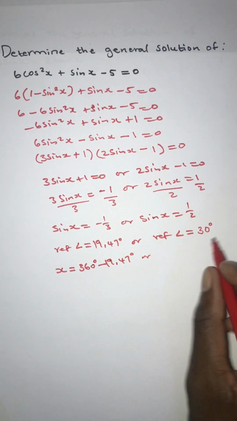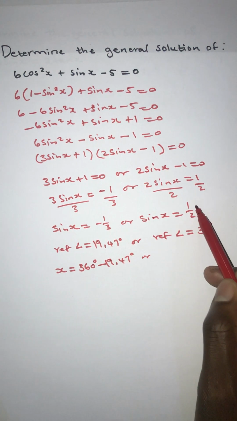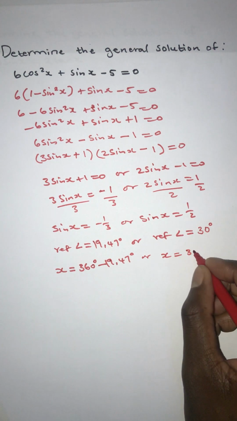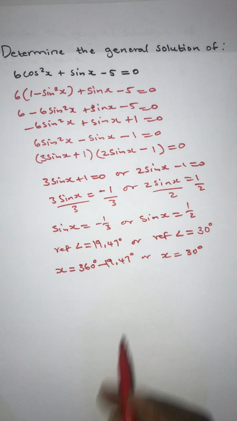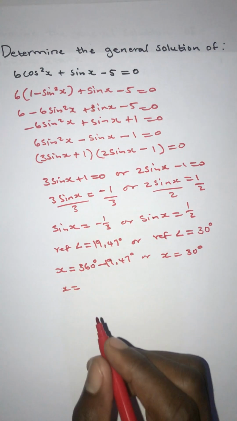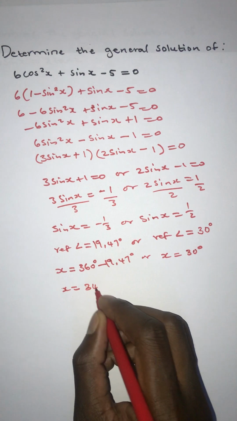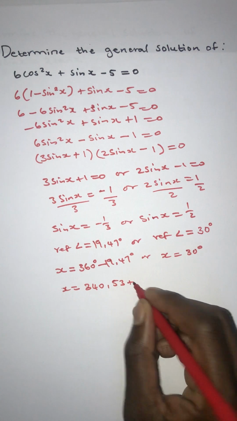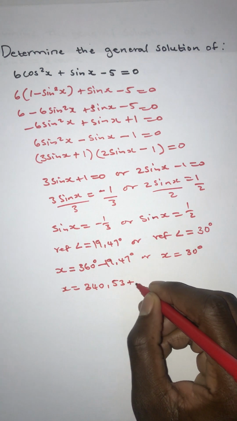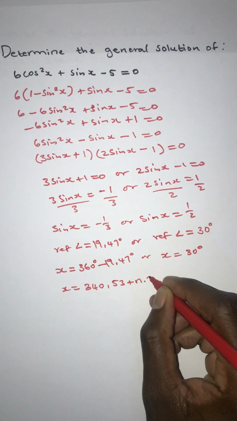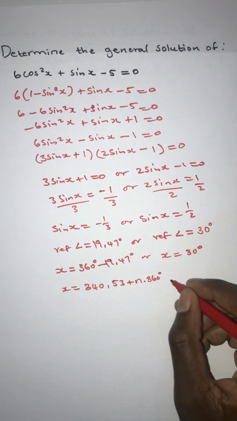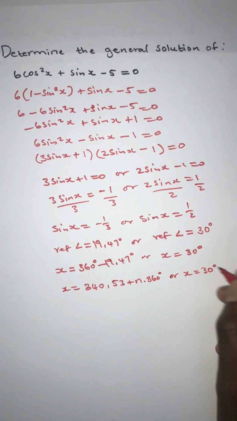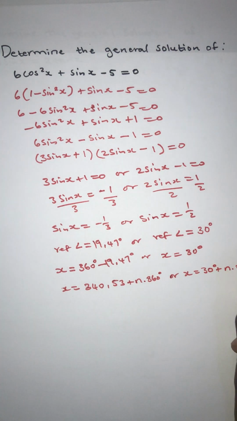Or for this one, sine is positive, so this one is quadrant number 1, and we can take it as just 30 degrees. So x is equal to 340.53 plus n times 360 degrees, or x is equal to 30 plus n times 360 degrees.